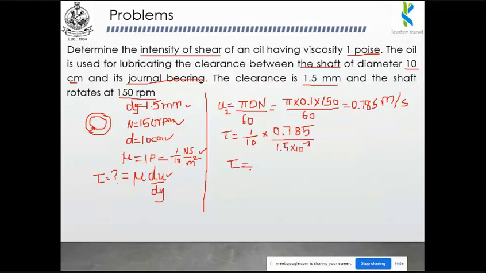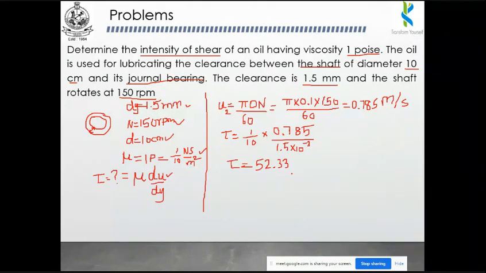So what is the answer? 52.33. 52.33 is the right answer, but what is the unit?